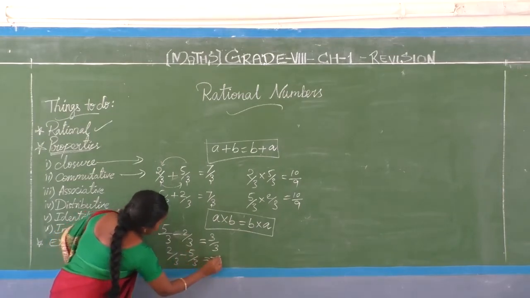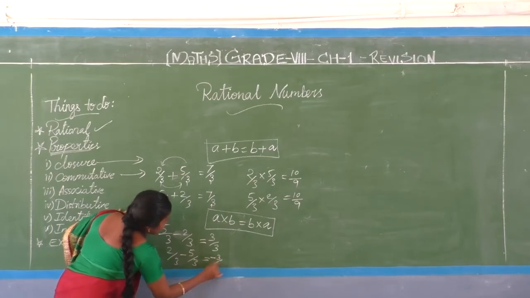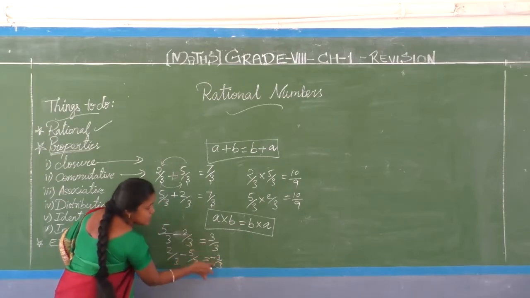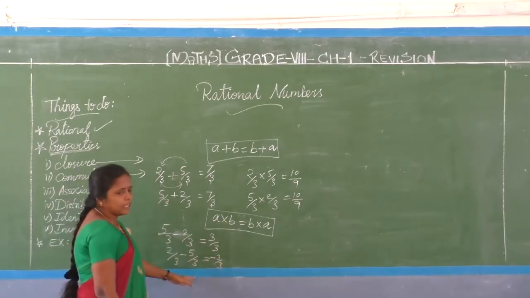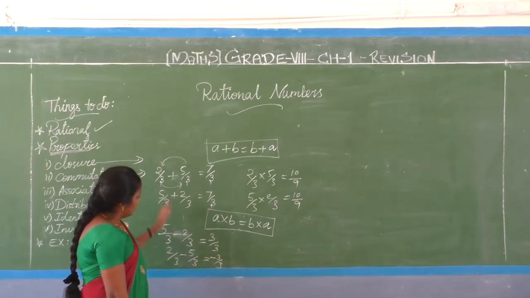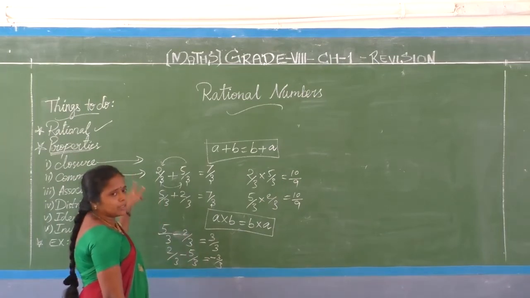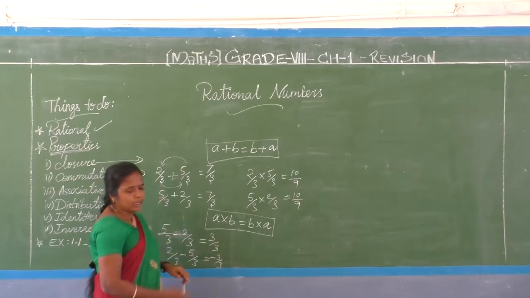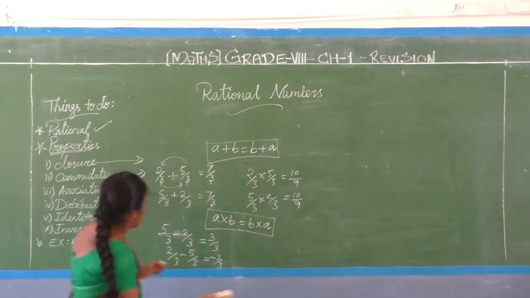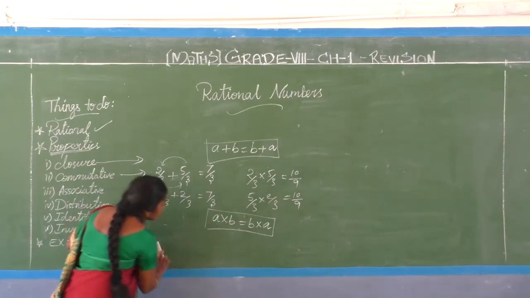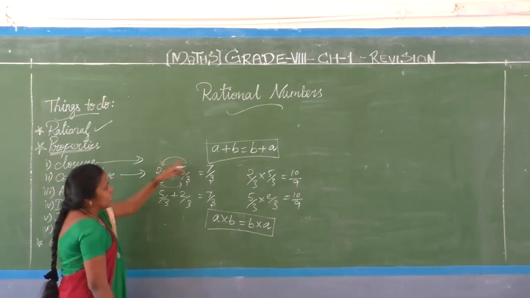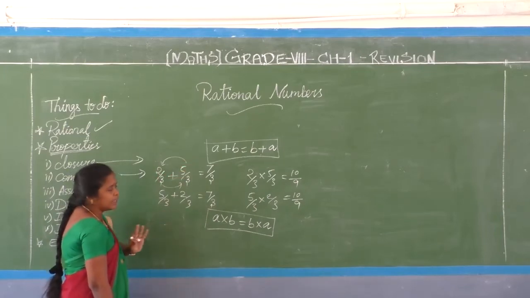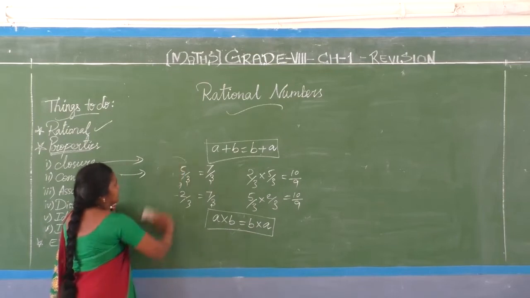Here 2 minus 5 is minus 3 by 3. This is plus 3 by 3, this is minus 3 by 3. Both are not equal. So we can tell commutativity is not suitable for subtraction. Likewise division also. Here commutativity is suitable for addition and multiplication, but not under subtraction and division.